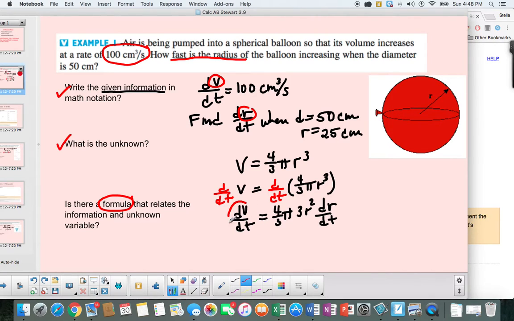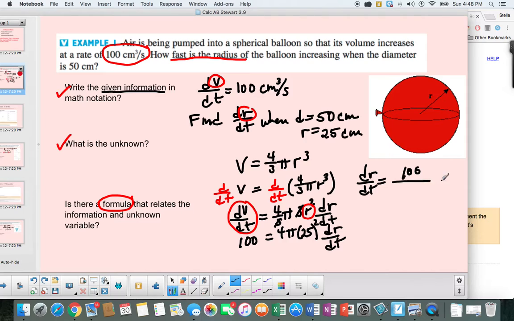Understand that we have a number for dV/dt and we have a radius. So if we substitute into this formula, we should be able to get what we want to know, which is dr/dt. So this is going to be 100 equals, I can reduce, 4 pi, and then 25 squared dr/dt. Now dr/dt will be equal to 100 divided by 4 times pi times 25 times 25.